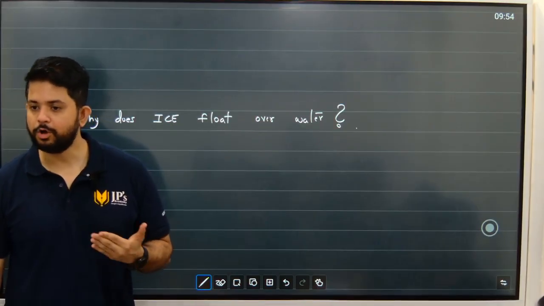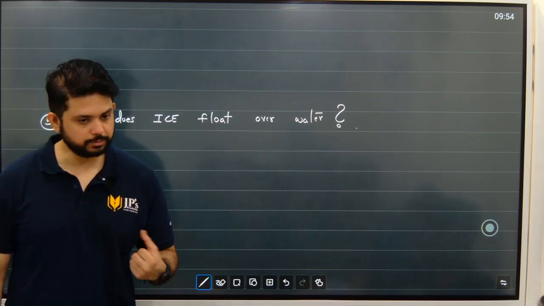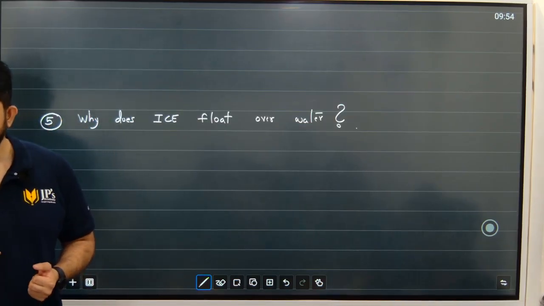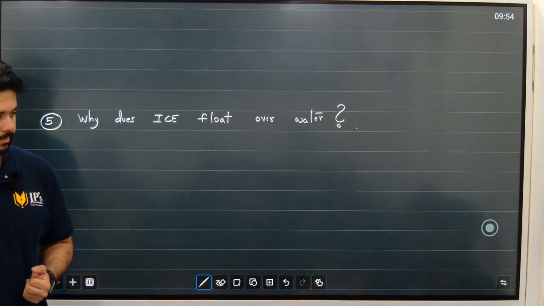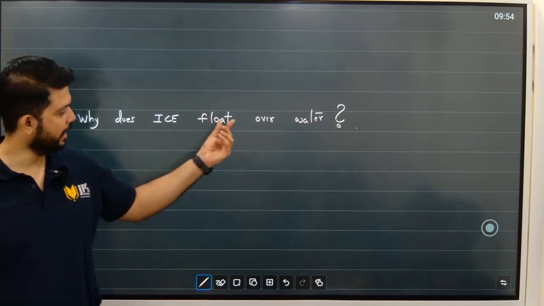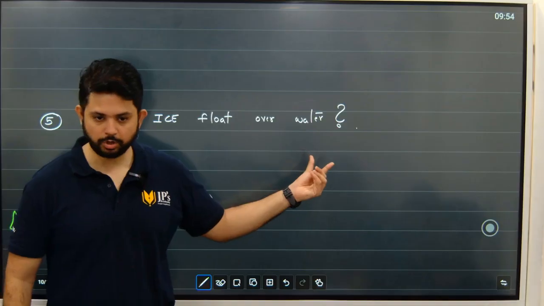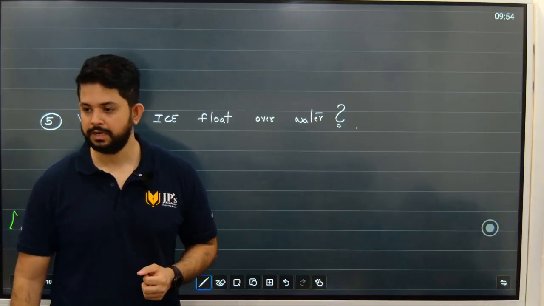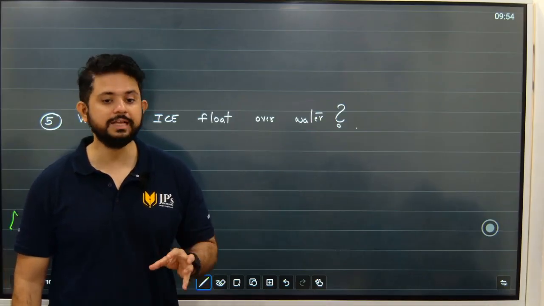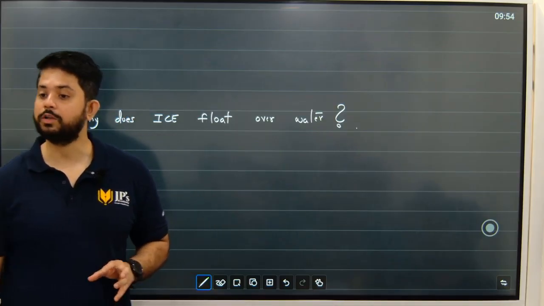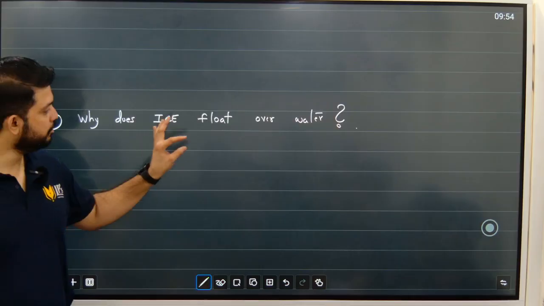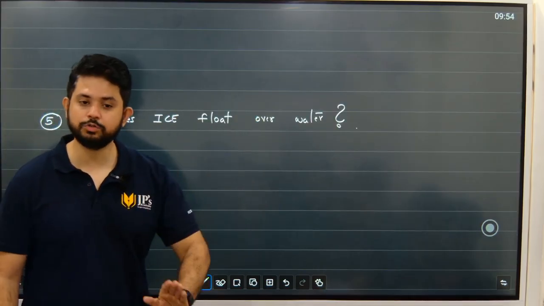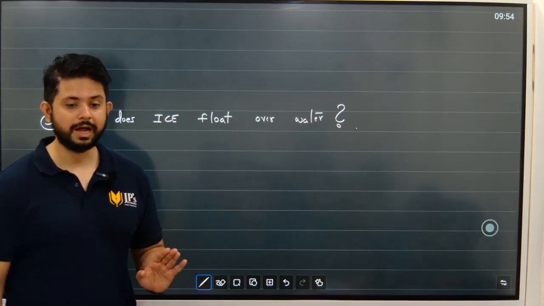But shouldn't it be the opposite? The solid form should be more denser than the liquid form. So should ice float in water or should it sink down? It should sink down. But we know that ice floats over water. And the reason for ice floating over water is, again, it goes back to the same thing, which is hydrogen bonding.